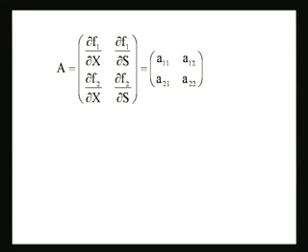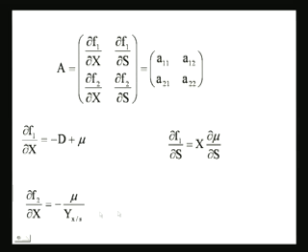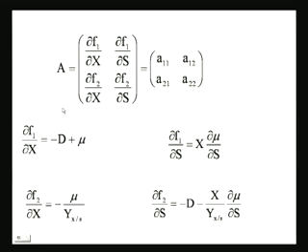So, we took the matrix A, which was del f1 del x, del f1 del s, del f2 del x, del f2 del s, and we obtained the four terms A11, A12, A21, A22. So, A11 is this, A12 is this one, A21 is this, and A22 is this one, right.